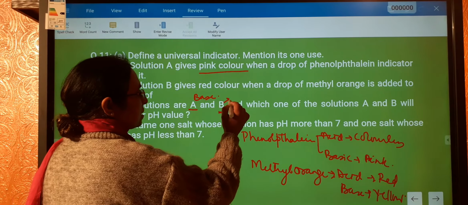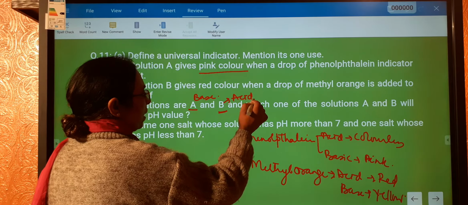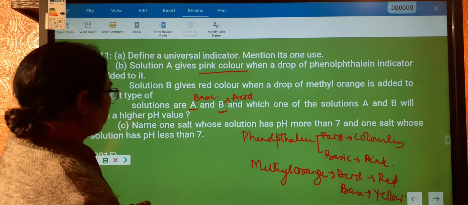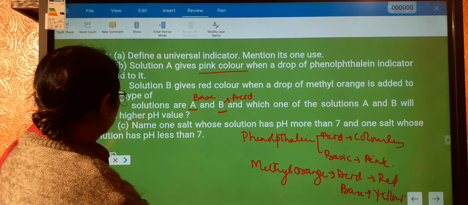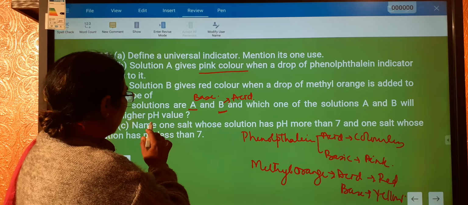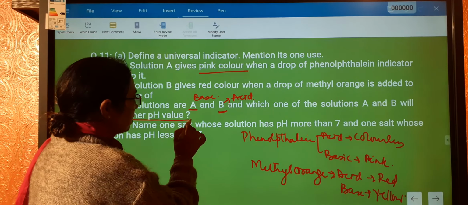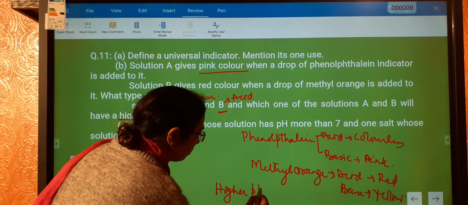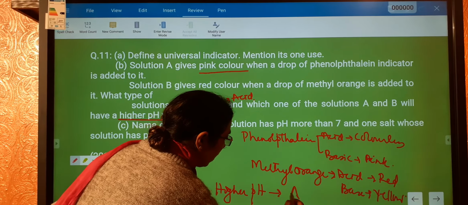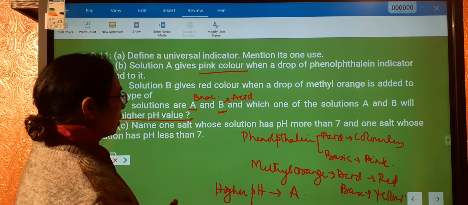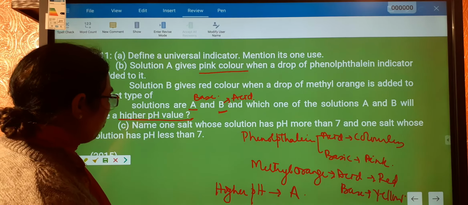So B is an acid, whereas A is a base. So A and B, which one will have a higher pH value? Higher pH will be that of A, because A is a base. So higher pH will be that of base.